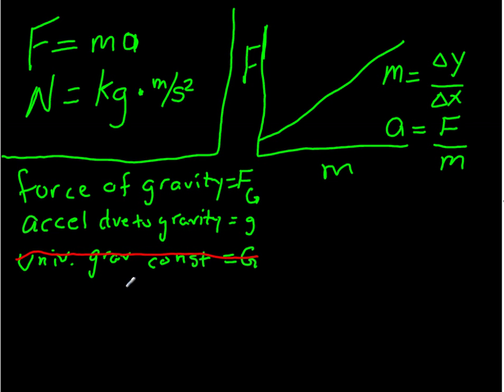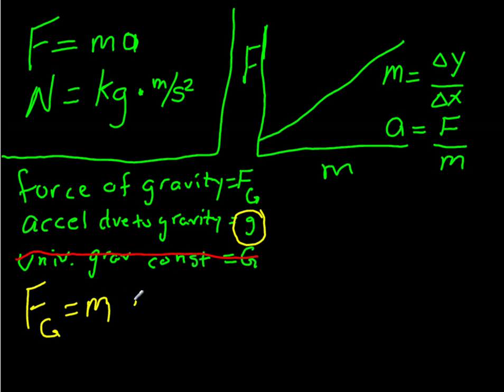So we take it a step further and rewrite our F equals ma equation. F becomes Fg, we still have mass m, and now a becomes this g. In some books, Fg, which is the force of gravity on an object, can also be written as weight equals m times g.